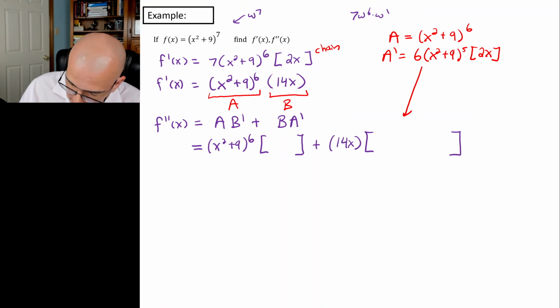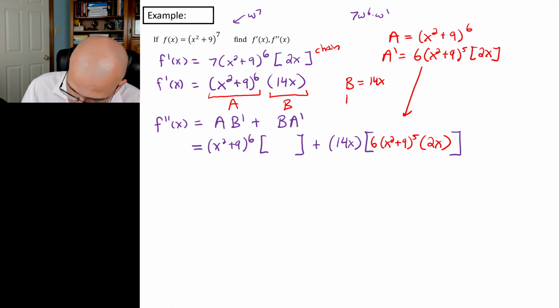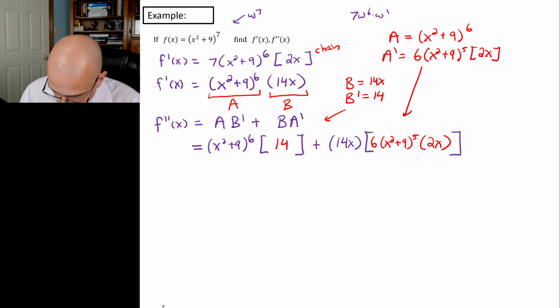So I'll plop that in right there. 6 times x squared plus 9 to the power of 5 times 2x. And then b is equal to 14x. So b prime is just 14. I'll plop that in right there. Now I'll put it in standard form.